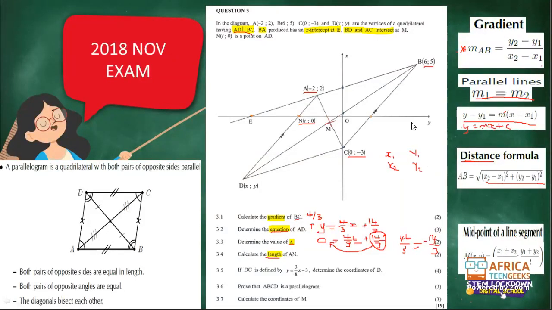So make sure that you substitute a negative value. Be conscious of that so that you don't miss some of the marks. So if there's a negative value, rather put brackets and use that. So what did you get for your length of AN? Remember, we're just using the distance formula.